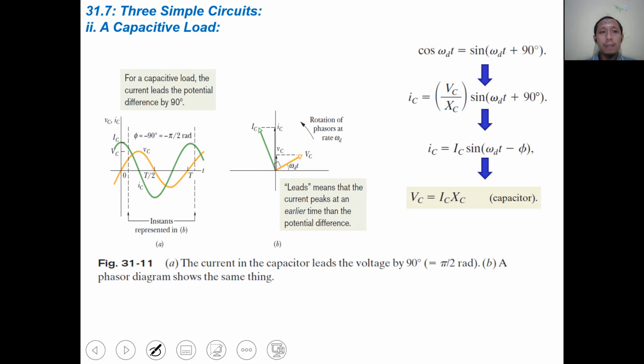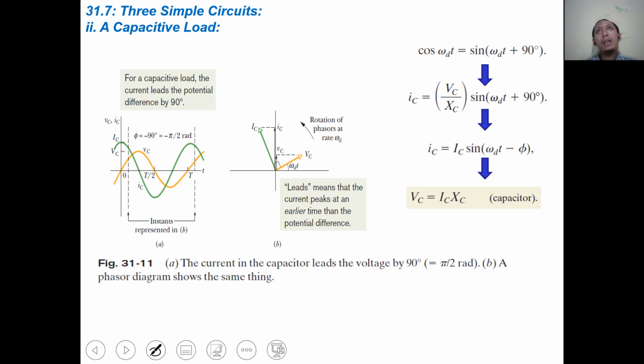So for capacitive loads, the current leads the potential difference by 90 degrees. The current will lead the potential difference by 90 degrees, like this one. This is the current, the green line. It leads the potential difference: the peak of the current leads the peak of the voltage by 90 degrees.